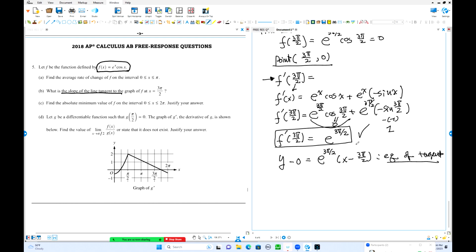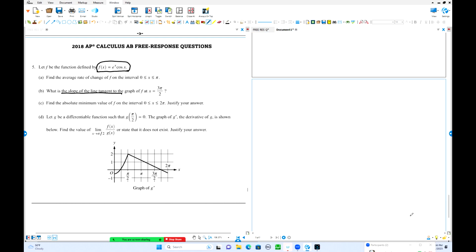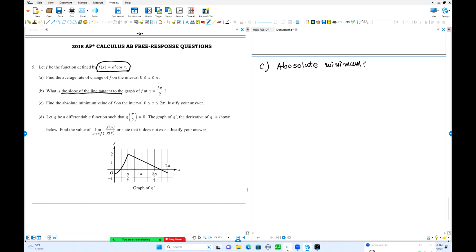All right, the next question is part C. Find the absolute minimum, the lowest point. We're going to check for what value the absolute minimum occurs. We're going to look at the graph of the first derivative, right?